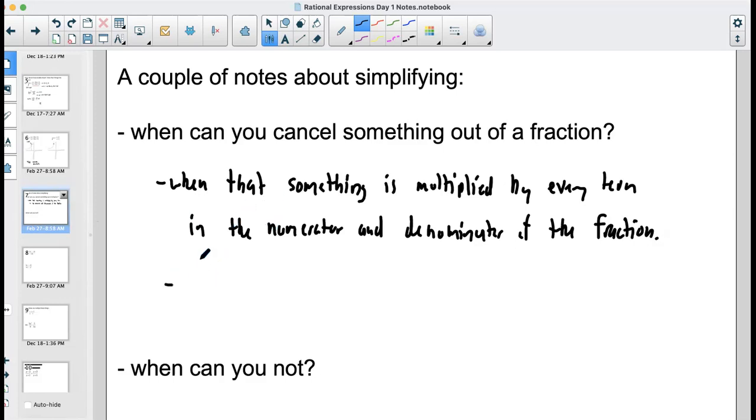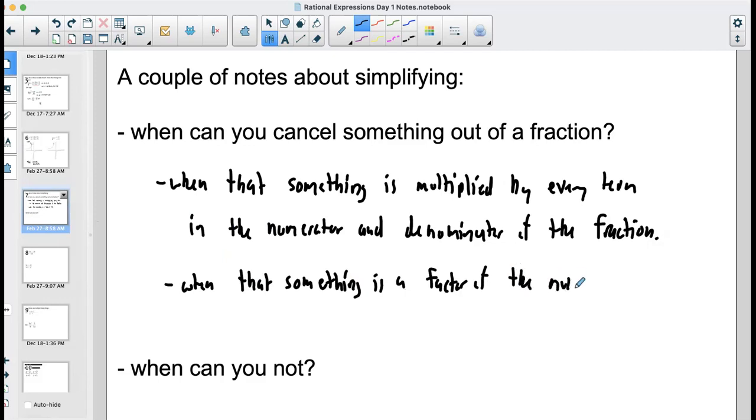Another way of saying this is when that something is a factor of the numerator and denominator.